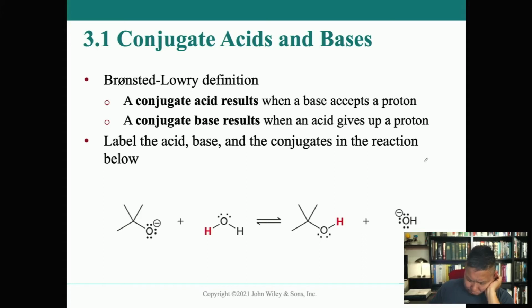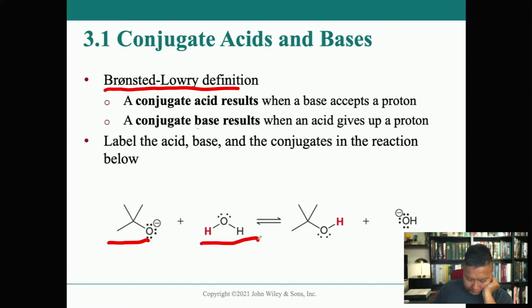So in Bronsted-Lowry's definition of acids and bases, an acid will produce a conjugate base, and a base will produce a conjugate acid. In this case here, we have this species here, and we have a water.